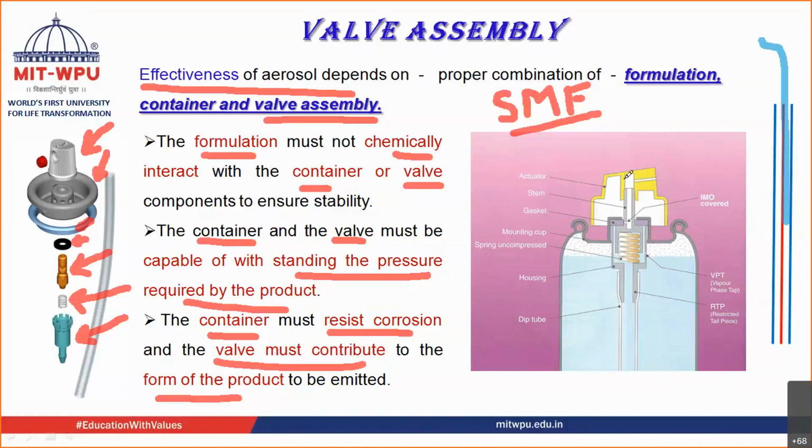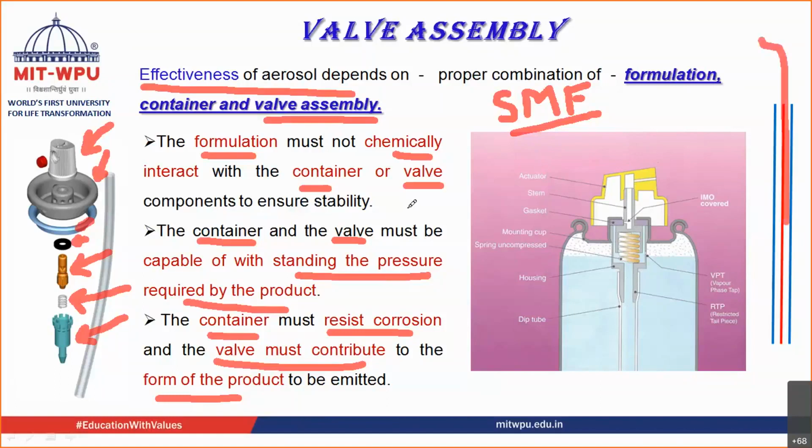As it moves up, your actuator is becoming on. So this actuator becomes on with your pressure. As soon as you release the pressure, with the spring arrangement, it goes off. Then you have a housing, in which your spring and your stem are also present, and then you have the dip tube which is attached to this housing.